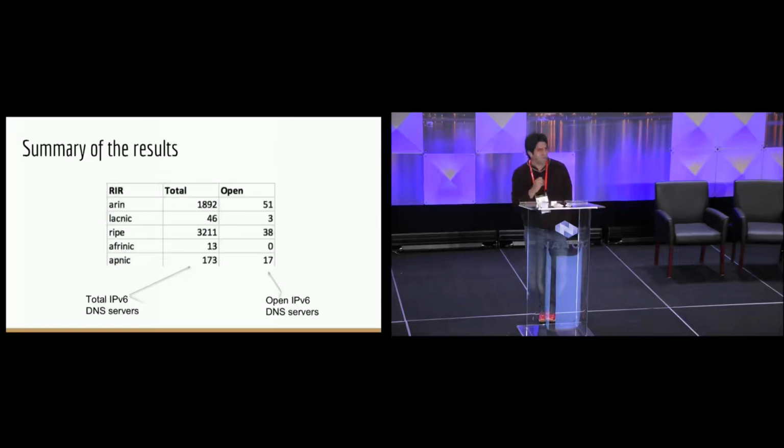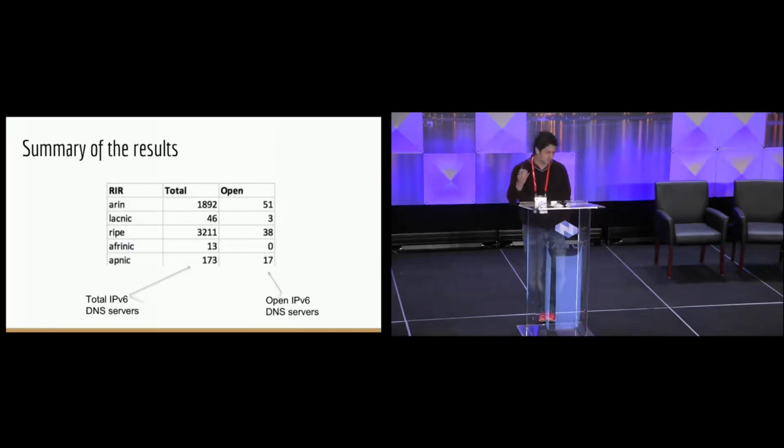We ran a simple query to all of them, and we were able to get 51 open resolvers. As all of you know, maybe this is not the expected behavior. Most of the time, open resolvers are not good in internet.